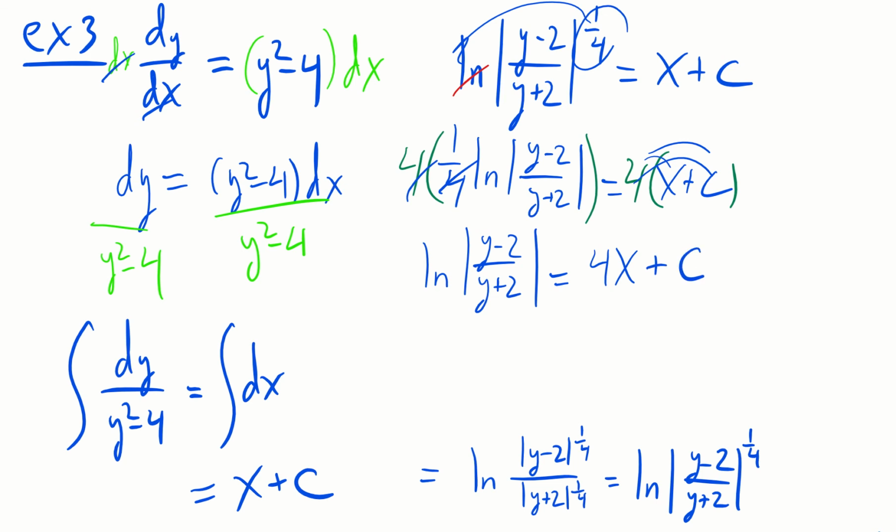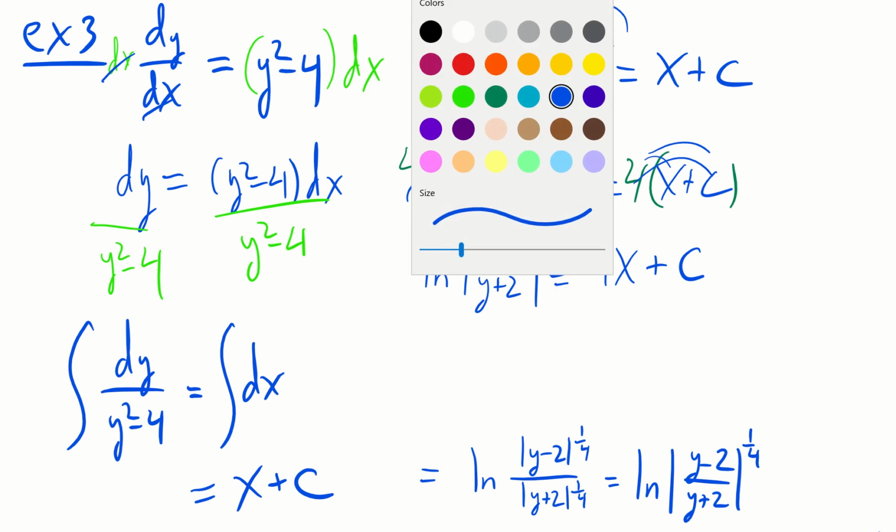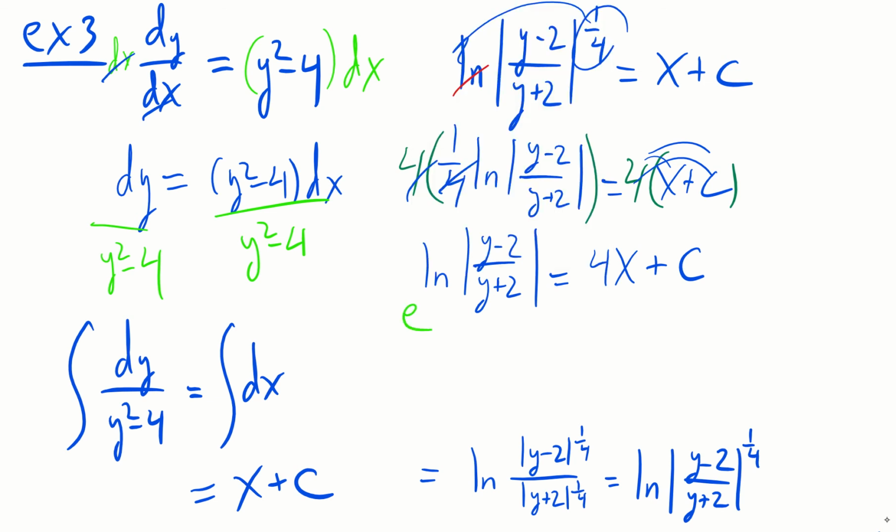Okay. Now let's go ahead and take both sides to the e power. So we're using e as the exponent. The e and the ln cancel, so we get the absolute value of y minus 2 over y plus 2 equals e to the 4x plus c.